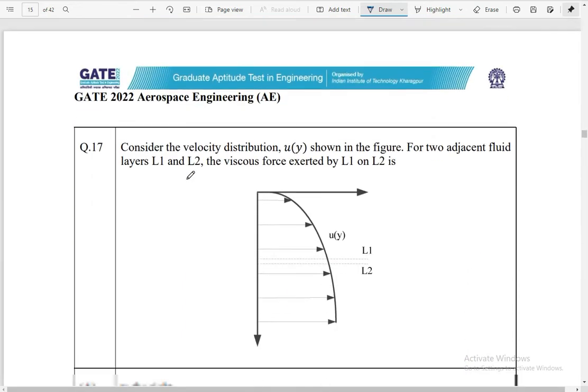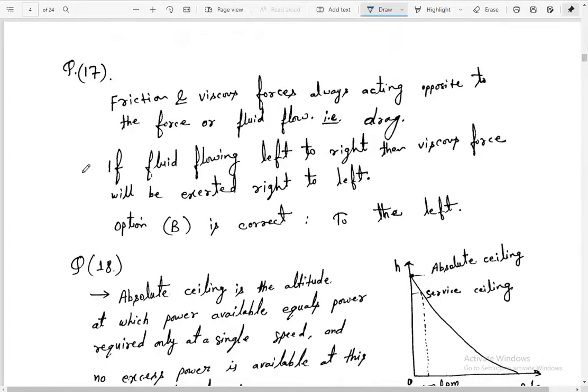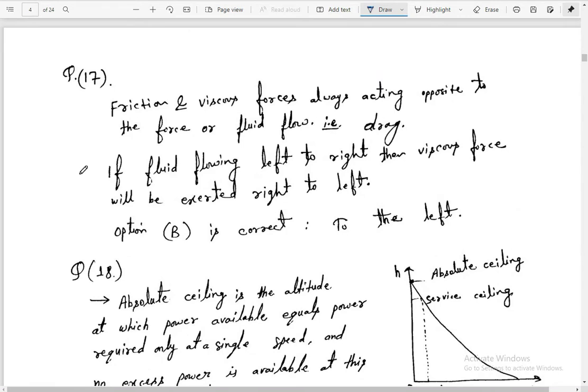Question number 17, for two adjacent fluid layers L1 and L2, the viscous force exerted by L1 on L2 is. Actually, the friction and viscous forces always act opposite to the fluid flow, that is drag.